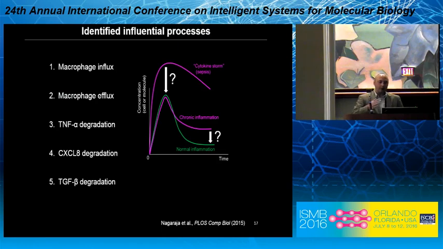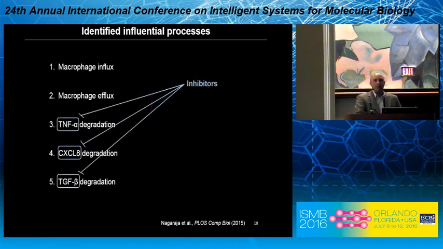But can we shift the time course for pathological inflammation toward the time course for normal inflammation if we modulate these 5 processes? We chose to address this question for 3 out of the 5 processes, specifically the ones that involve TNF-alpha, CXCL8, and TGF-beta.